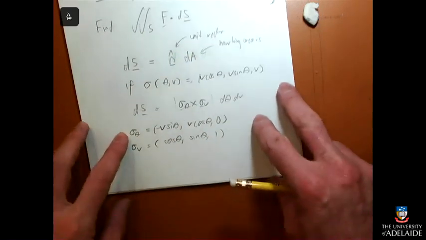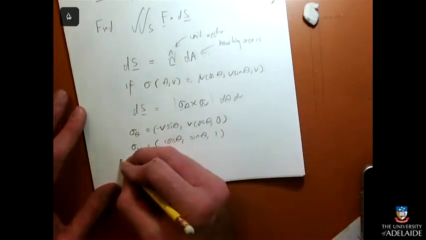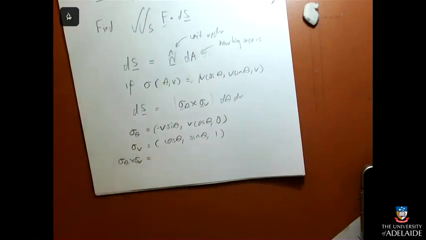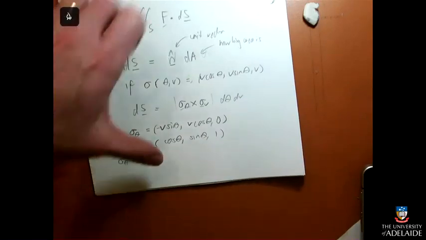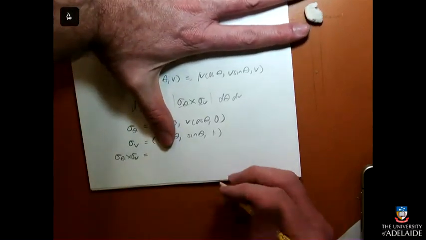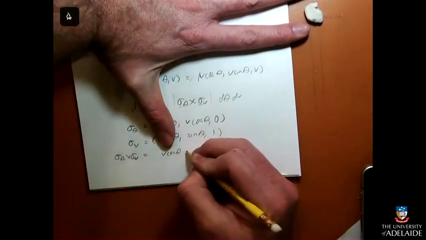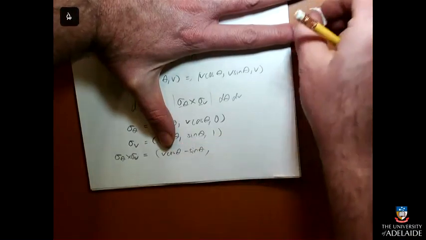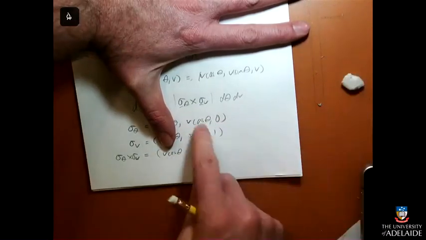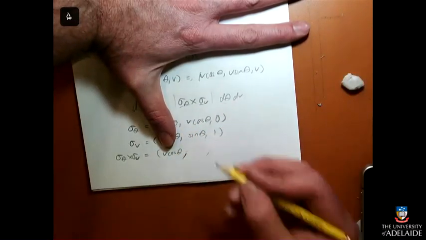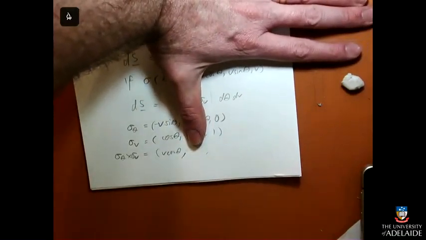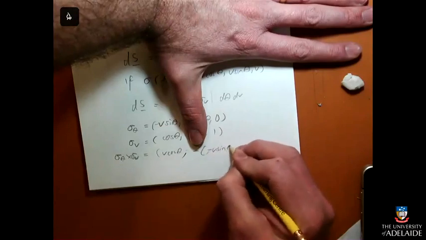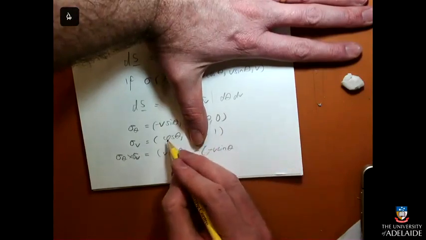Okay. Good. When we do the cross product, let's see. In the first position we have that determinant, which is v cos theta times 1, sine theta times 0. In the second position we have minus this determinant, so minus v sine theta times 1 minus cos theta times 0.